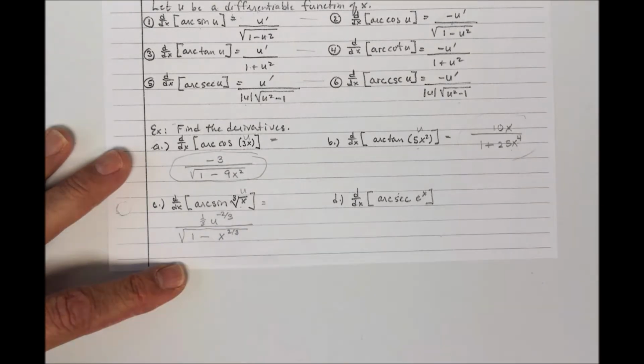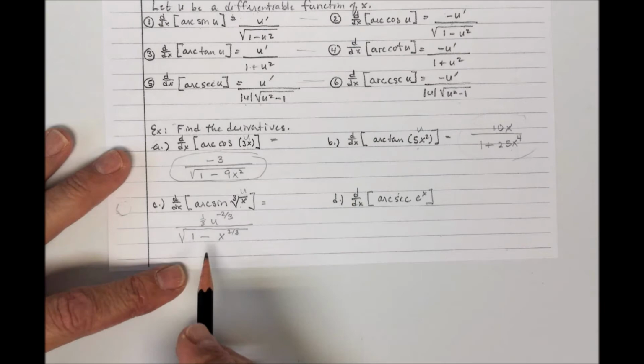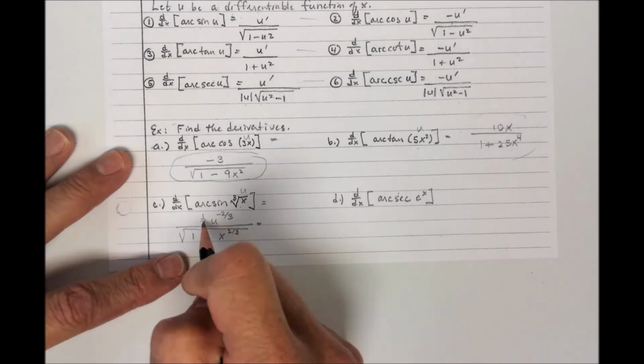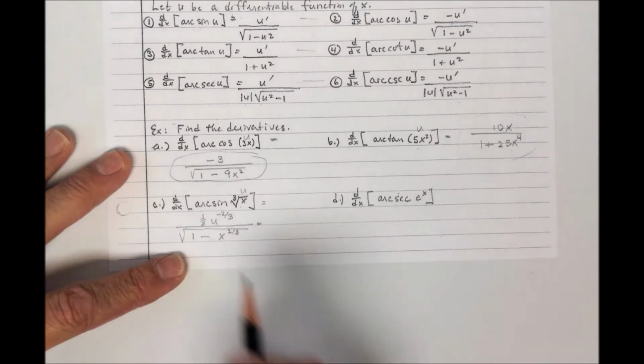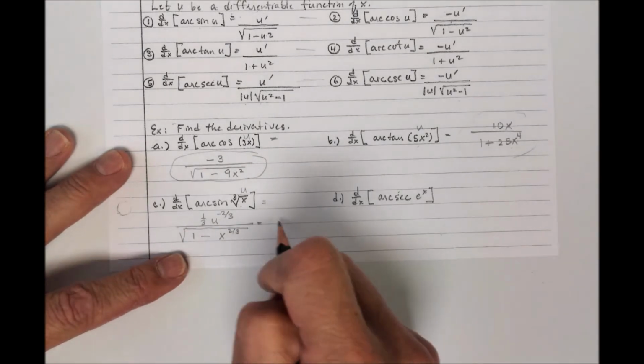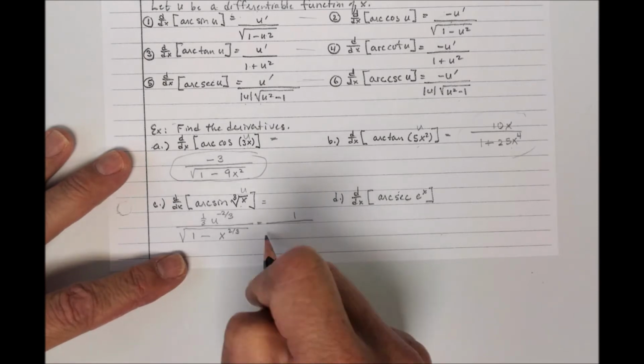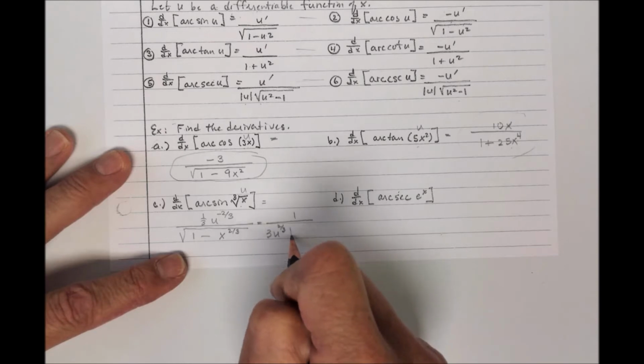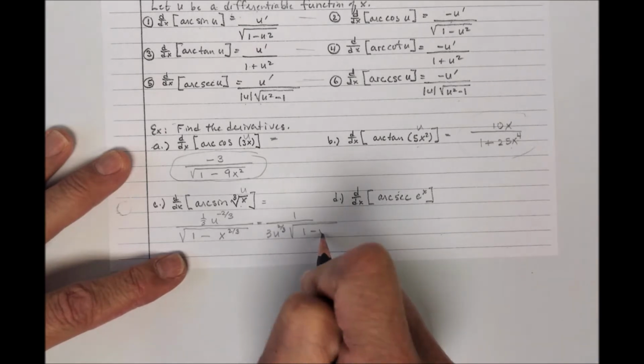Now you say, well, how does that help me here? Well, this actually will simplify a little bit. I can certainly put the 3 in the denominator, and I'm going to bring the u to the negative 2/3 down as well. So I have 1 over 3 u to the 2/3 times the square root of 1 minus x to the 2/3 here.